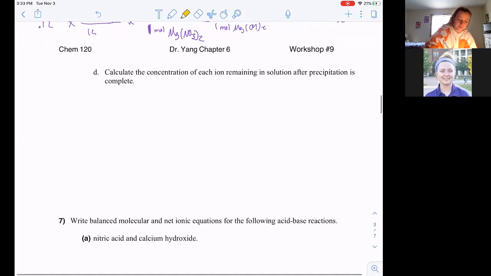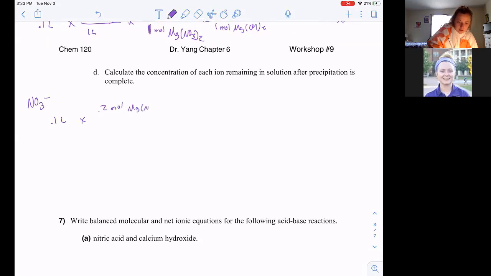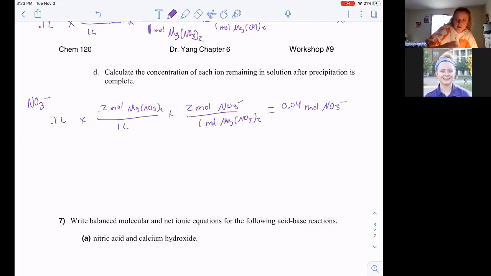So we have NO3 minus: 0.1 liters times 0.2 moles of MgNO3, 2 over 1 liter times 2 moles of NO3 minus over 1 mole of MgNO3, 2, which is 0.04 moles of NO3 minus.